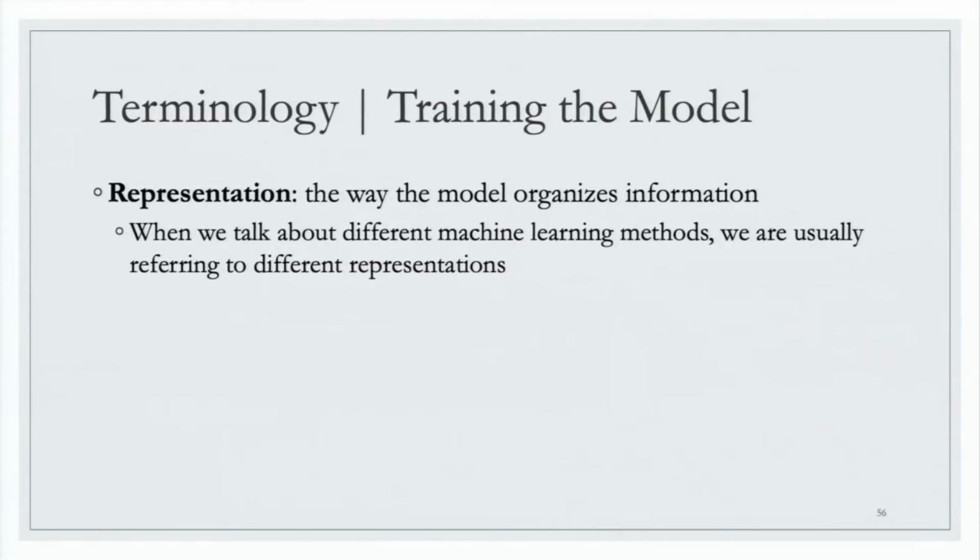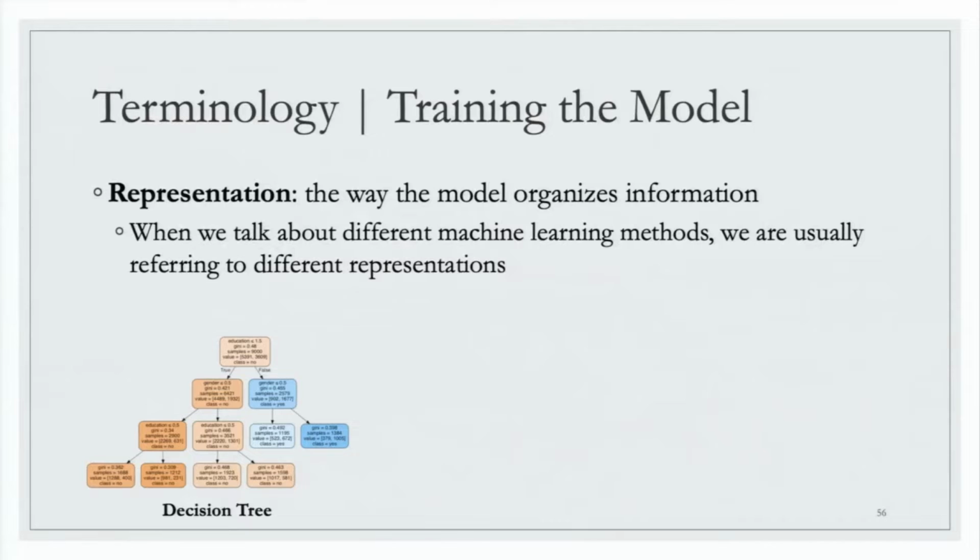Okay. So just a little tiny bit of terminology before we move on and get into the weeds here. When I use the term representation, that's just different ways that the computer organizes information. So when I've been saying model, I kind of mean representation. So different ways that we learn and represent that. A decision tree represents data as this tree structure.